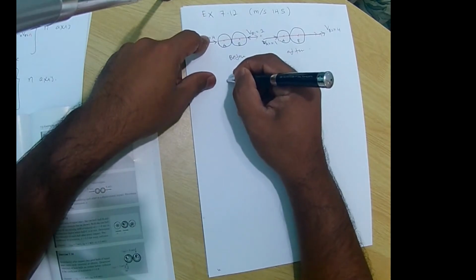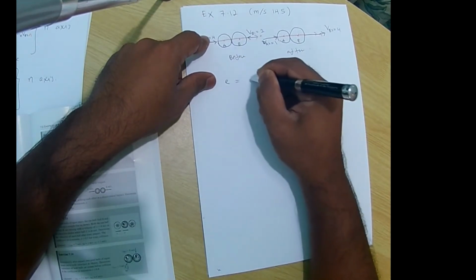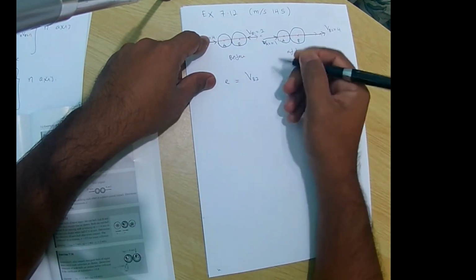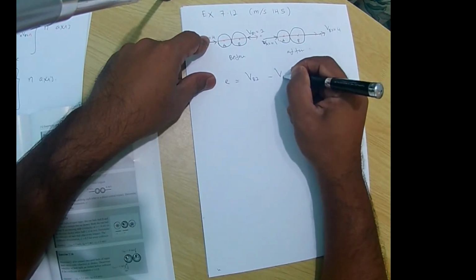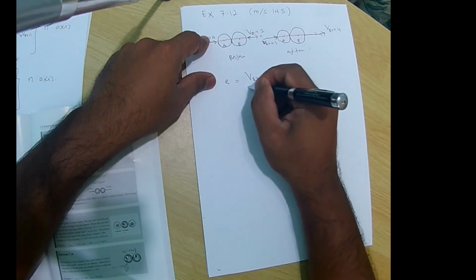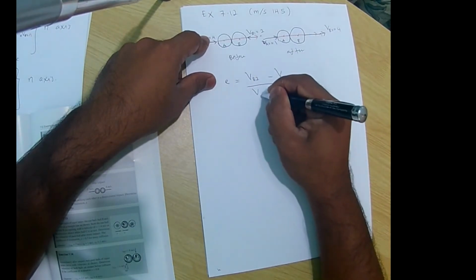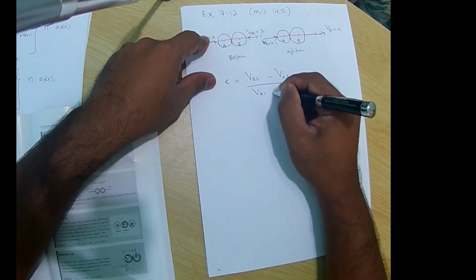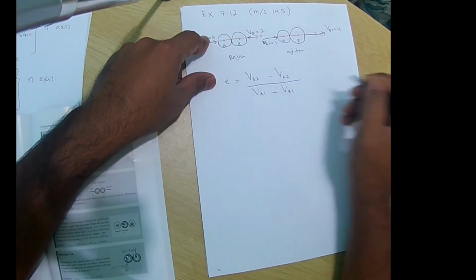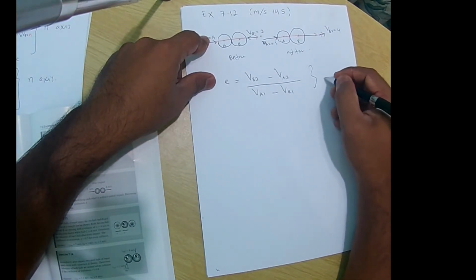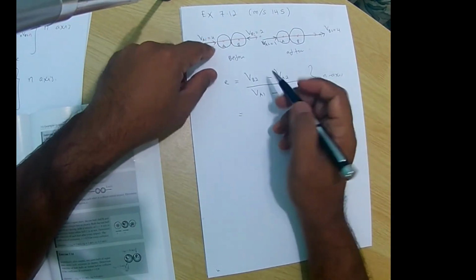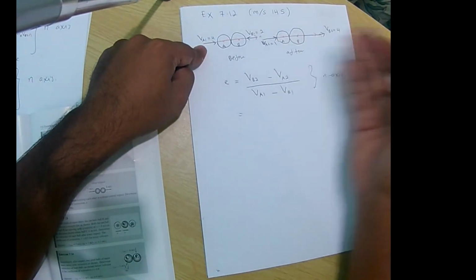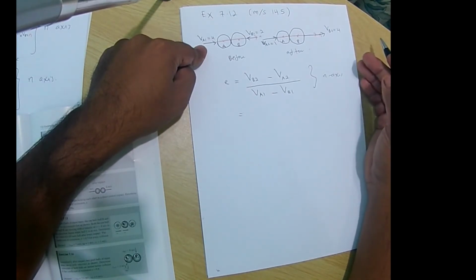So the equation is E equal to VB2 in n direction minus VA2 in n direction, divided by VA1 in n direction minus VB1, all in the n-axis. So put all the information. Since all is in n direction, you can put directly.